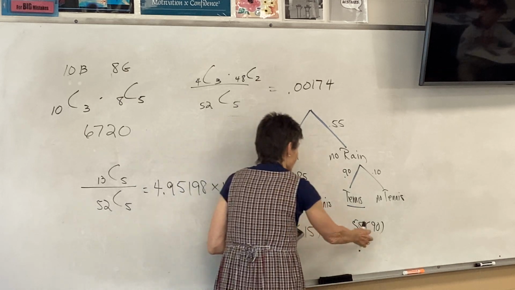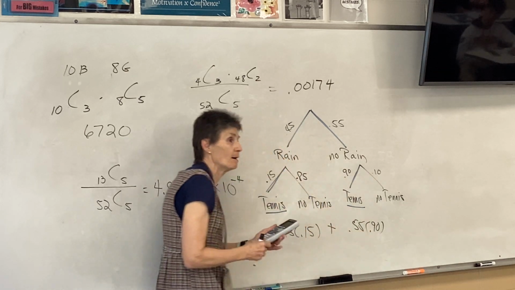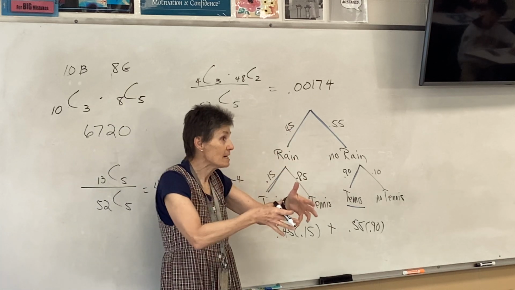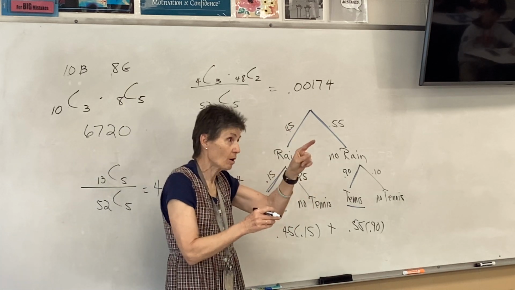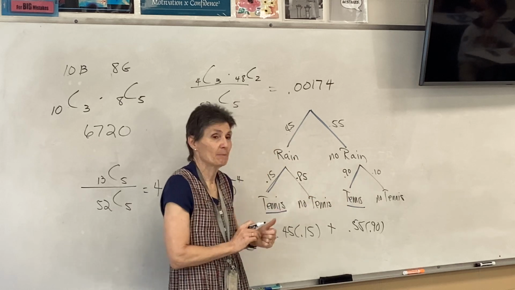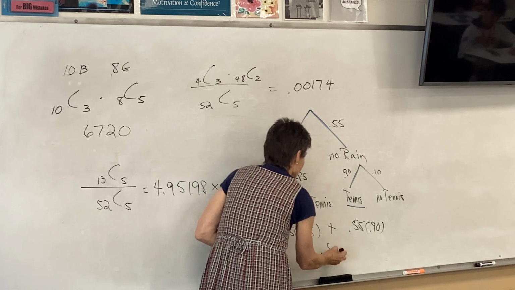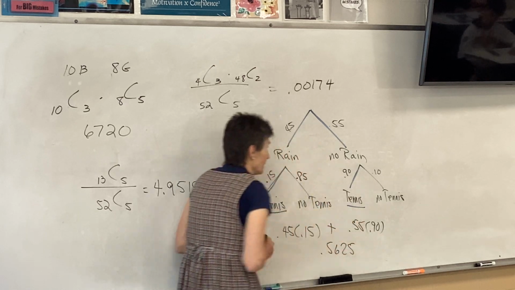And then I'm going to add them, because what's happening, guys? It's either going to rain and I play tennis, or it's not going to rain and I play tennis. So I got 0.5625. Anybody else get that?